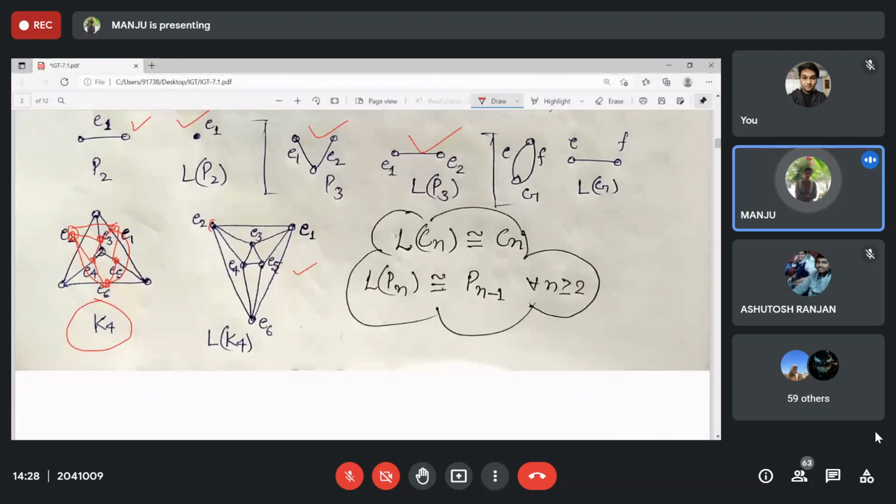So there will be a triangle formation. Right? Finally, you got this graph. Okay? Any doubt?